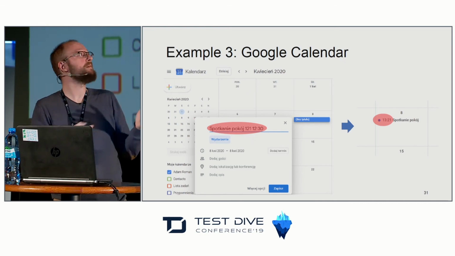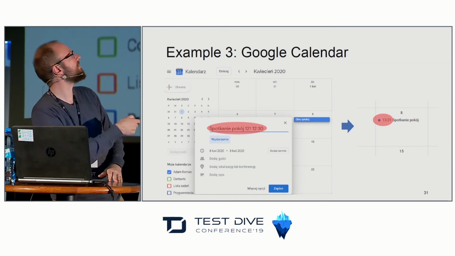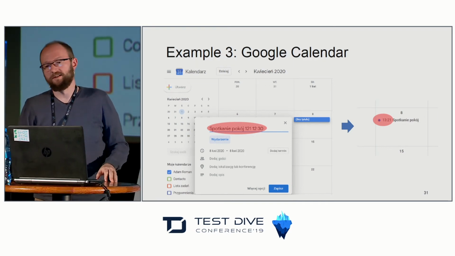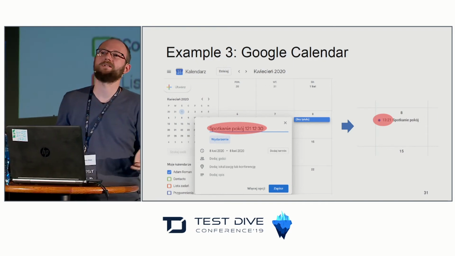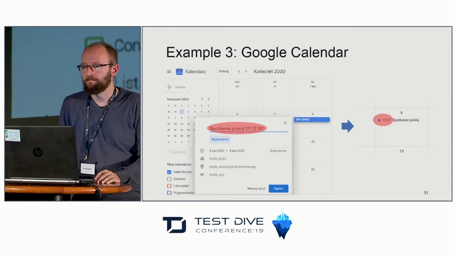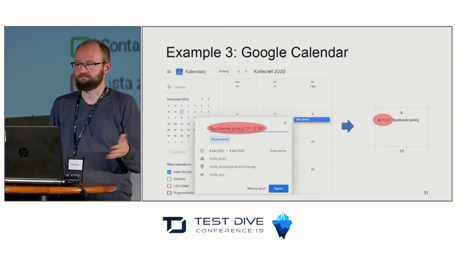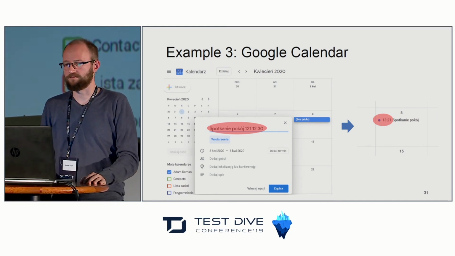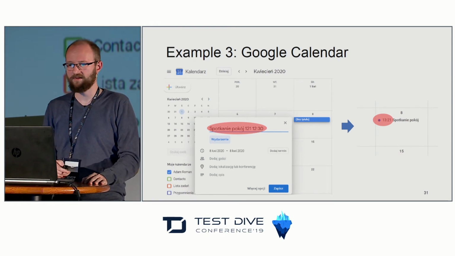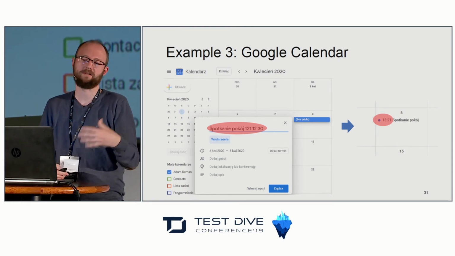Or maybe it does, but it interprets it in a rather weird way. So we found something interesting here, at least something that can be raised to Google. That's the third simple example of how we can use this technique.